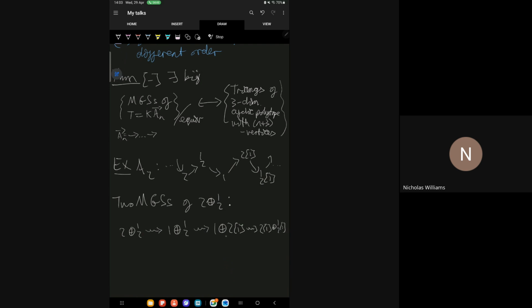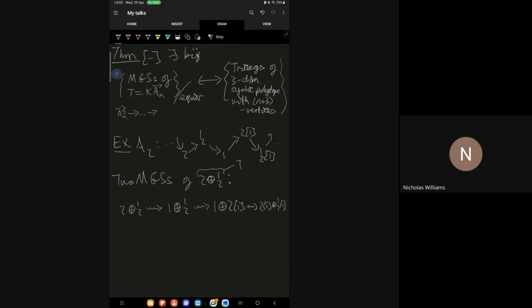So now we've arrived at the shift of this cluster tilting object T. And then the other one, if we now mutate at 1,2 instead, we get 2 plus 1,2 shifted by 1. And then if we mutate at 2, we get 2 shifted by 1 plus 1,2 shifted by 1.